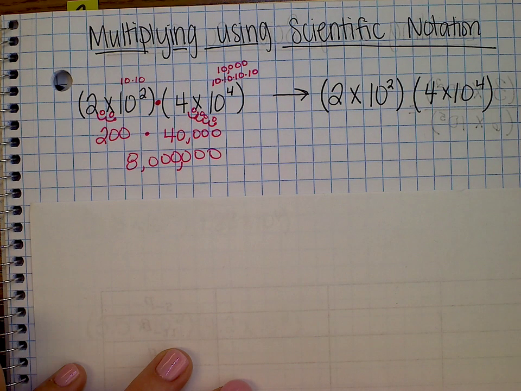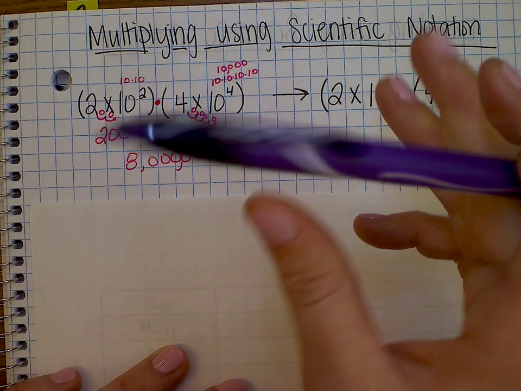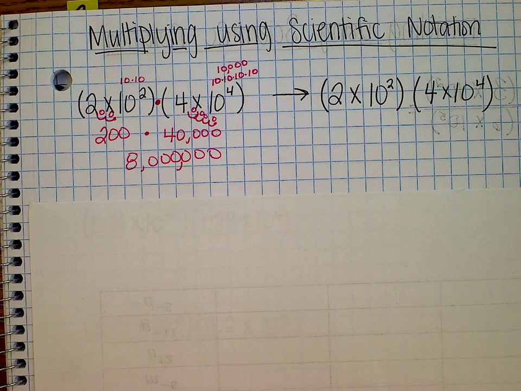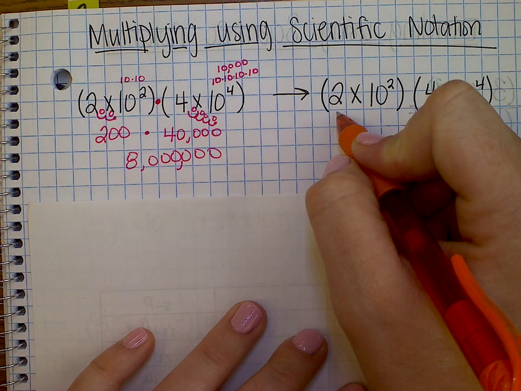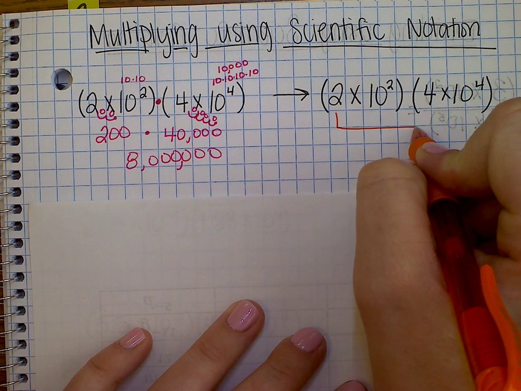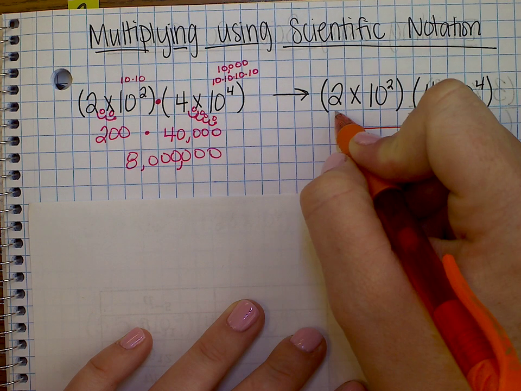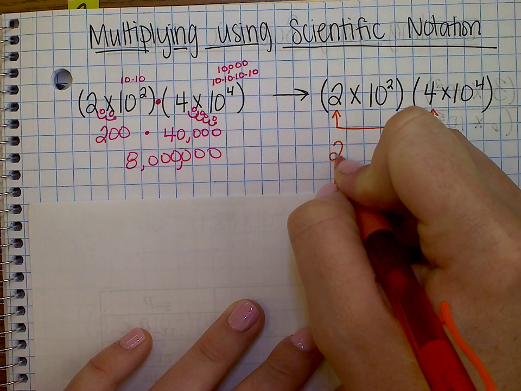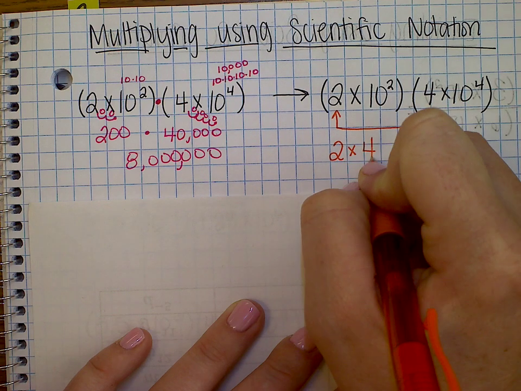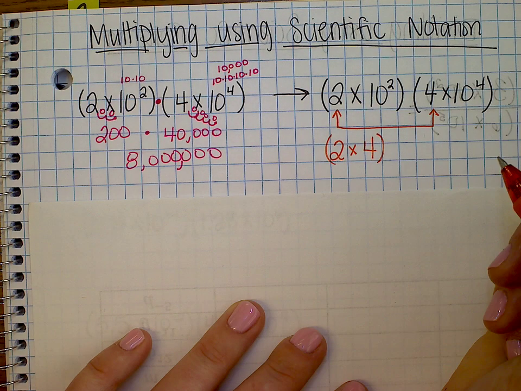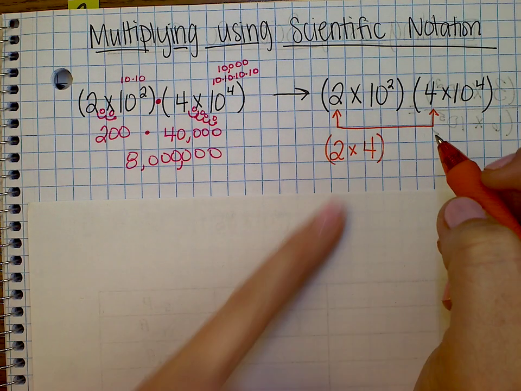So the next way that you can do this is you can take these numbers, and I don't want to use purple because that color never shows up very well. So you can take the 2 and the 4, so I could write it as 2 times 4, and multiply those.